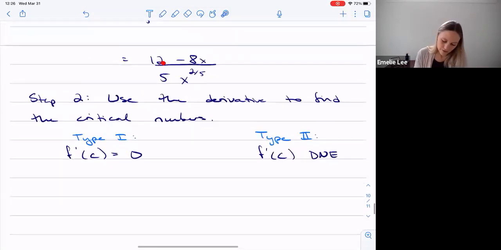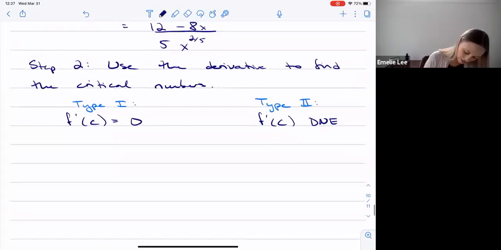So I have the derivative 12 minus 8x over 5x to the 2 over 5. The only time that this whole thing will be 0 is if the numerator is 0, right? And so this is going to happen when 12 minus 8x equals 0.